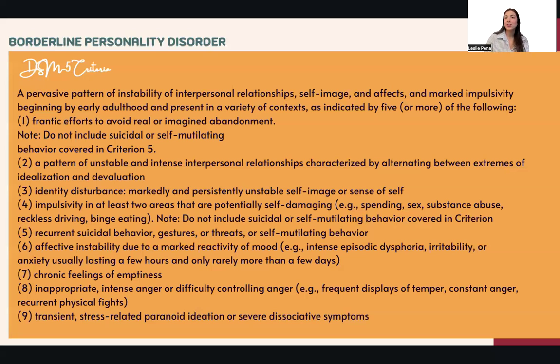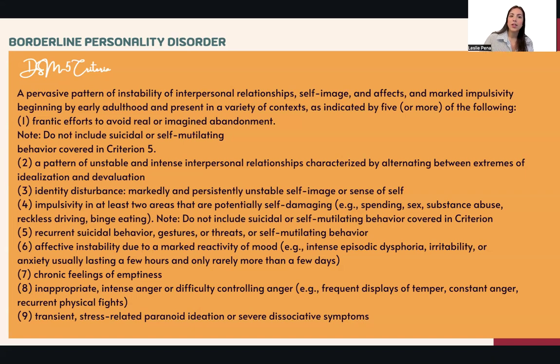Frantic efforts to avoid real or imagined abandonment. A pattern of unstable interpersonal relationships characterized by alternating between extremes of idealization and devaluation. So one moment they'll love you and think you're the best person in the world, and the next they can hate you and think that you're the worst person in the world.